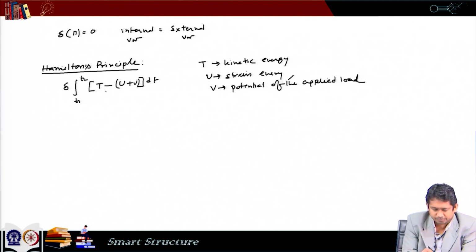So U plus V is the total potential energy, it has two components, strain energy and the potential of the applied load.